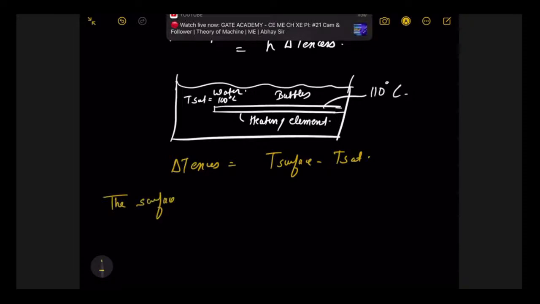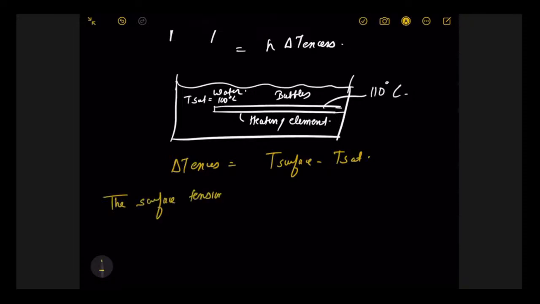The surface tension decreases with increasing temperature and becomes zero at the critical temperature.